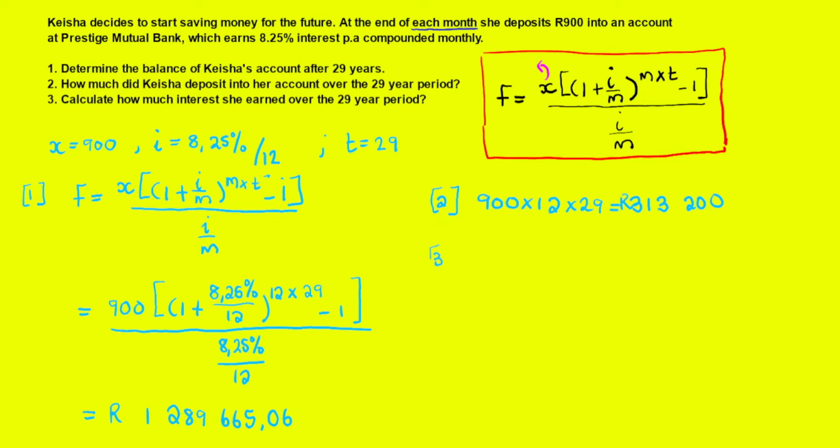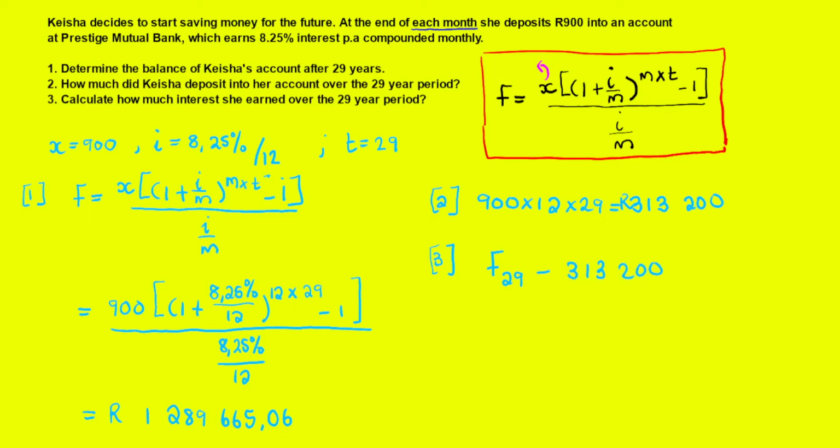And to answer the last question, calculate how much interest she earned over a 29-year period. Well, remember, the future value annuity is after 29 years, minus this 313,200.